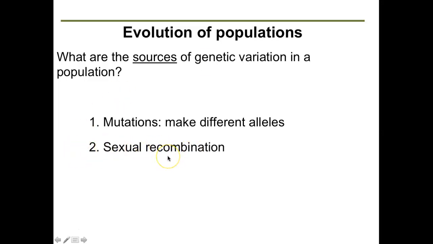If you are an organism that sexually reproduces, you're always going to have a genetically new offspring, so that increases variation in a population. The second thing is mutations. This is less thought of and less common, but mutations happen and they can make changes in alleles, so that can also introduce some variation into a gene pool.